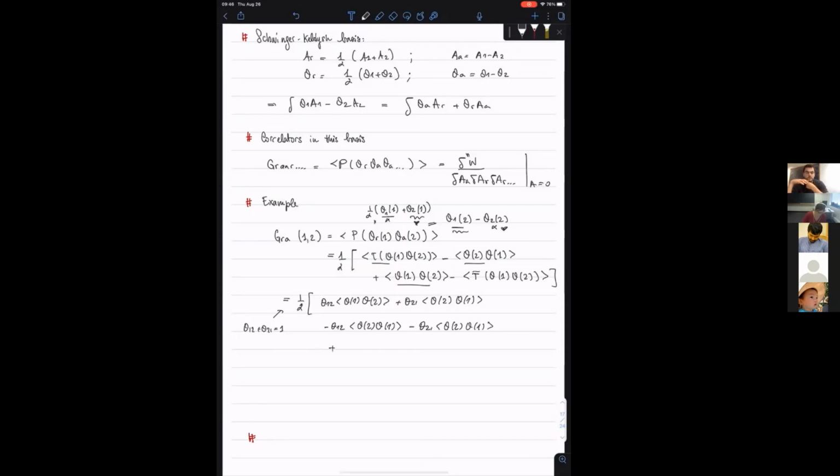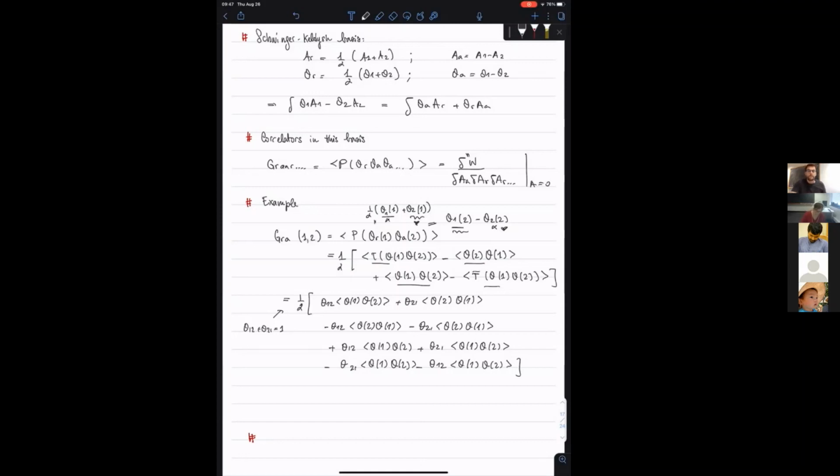And I will do the same for this term. And then I write this term explicitly, which is minus θ(2,1), O1, O2, minus θ(1,2), O1, O2. Okay.